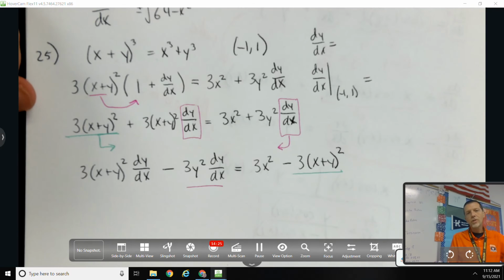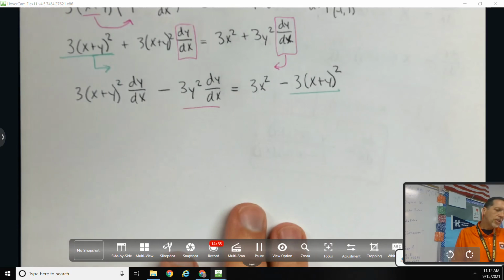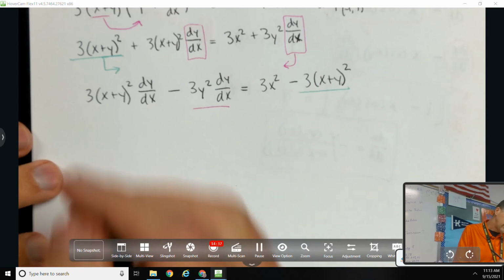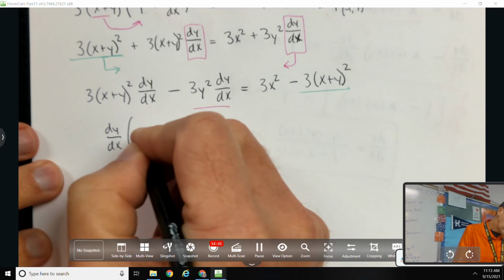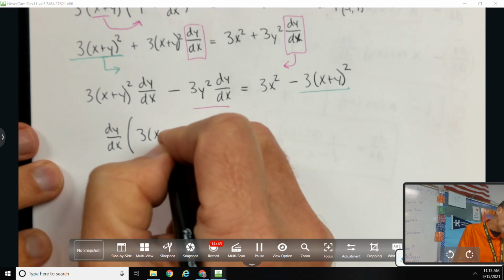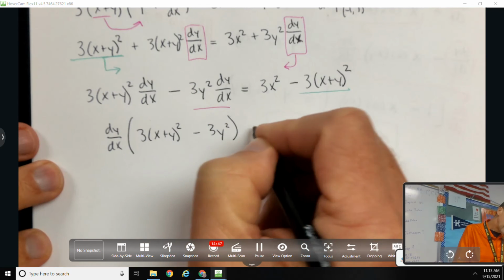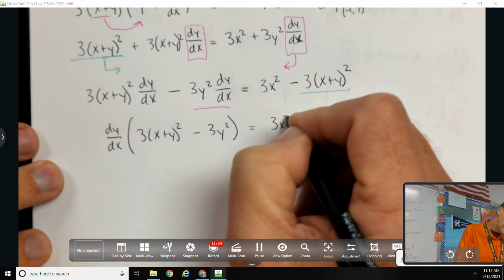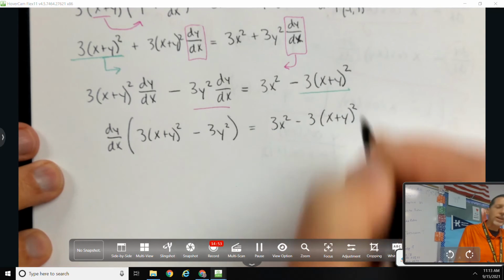Oh, I see something I could simplify if I wanted to. Take out dy/dx. Yeah, I'll factor out dy/dx. I could divide everybody by 3, and that'd be a little easier, it would prevent me from writing 3 all these different times.